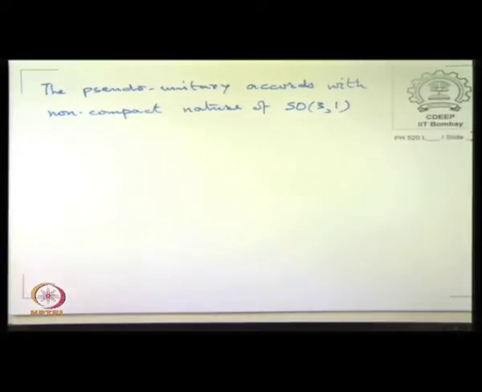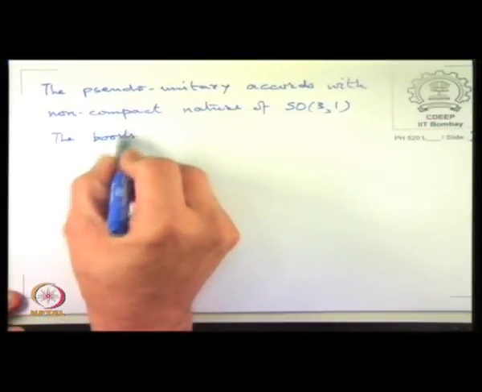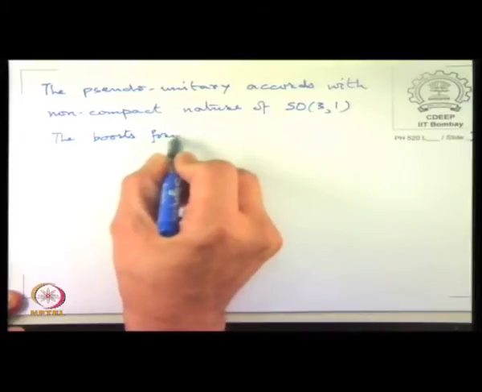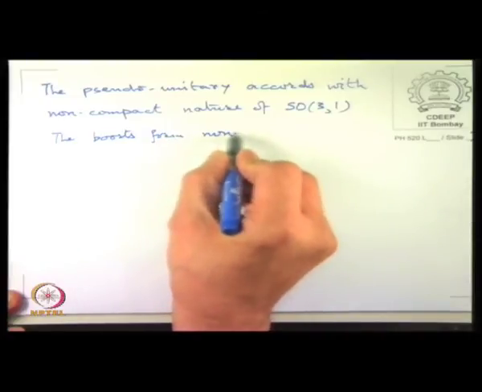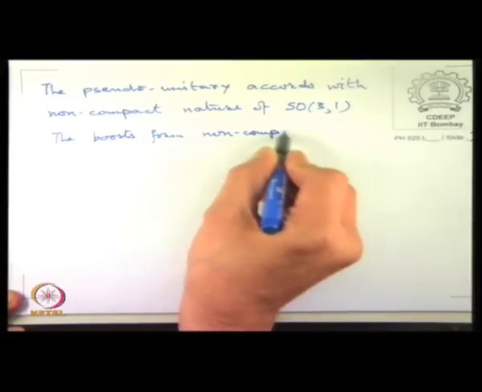You can boost arbitrarily close to the speed of light, but you cannot actually hit the speed of light. So, it remains non-compact. The boosts form non-compact one parameter subgroups.